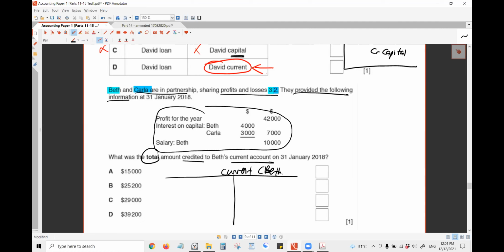It looks like an appropriation account, right? But an incomplete one. So in the appropriation account, we have to minus interest on capital. We have to minus salary to partner. Then you will get residual profit. There's no interest on drawing here, so just ignore. So minus 7,000 minus 10,000.